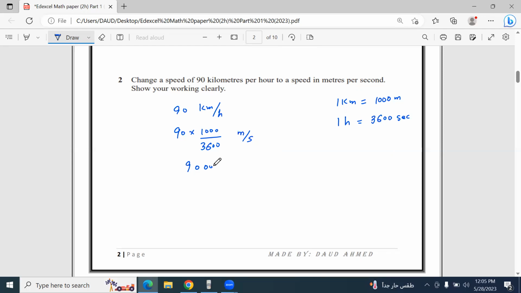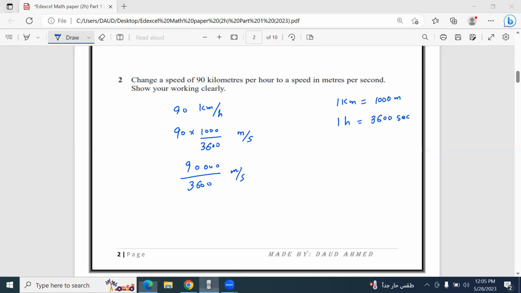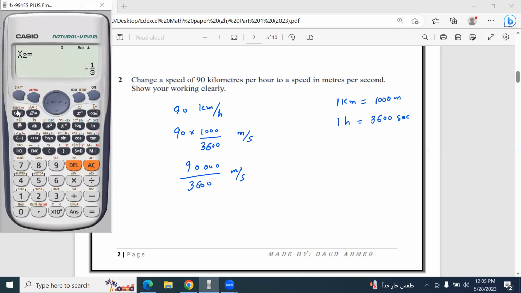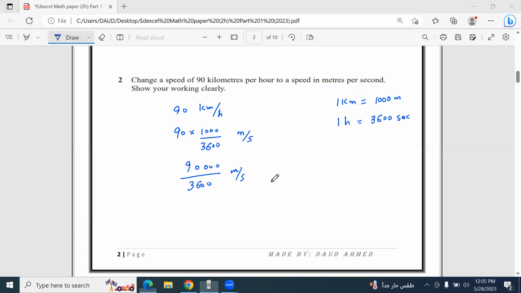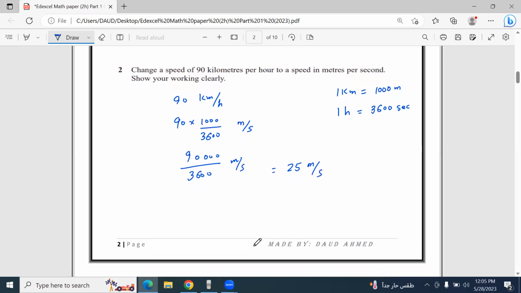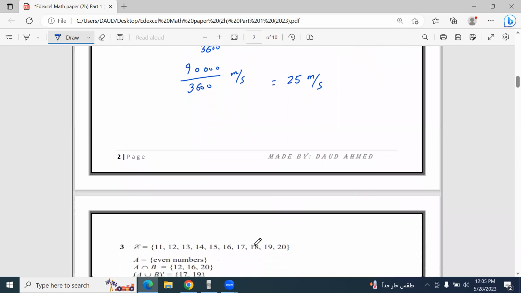This is 90,000 divided by 3600 meter per second, and we can check in the calculator, 90,000 divided by 3600, that gives me 25. So it is 25 meter per second. That's it. Next question.